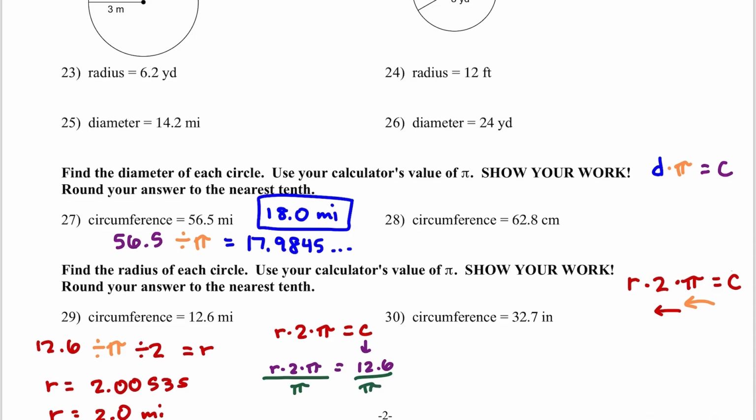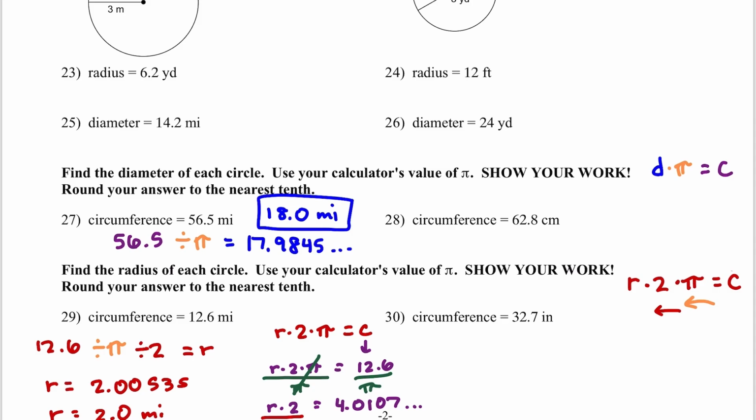I can type that into my calculator, 12.6 divided by pi. Notice that the pi divided by pi will divide out, and that leaves me with the radius multiplied by 2 is equal to, and I've typed into my calculator, 12.6 divided by pi is 4.0107. But I'm not done solving. I still have the radius, which is multiplied by 2.